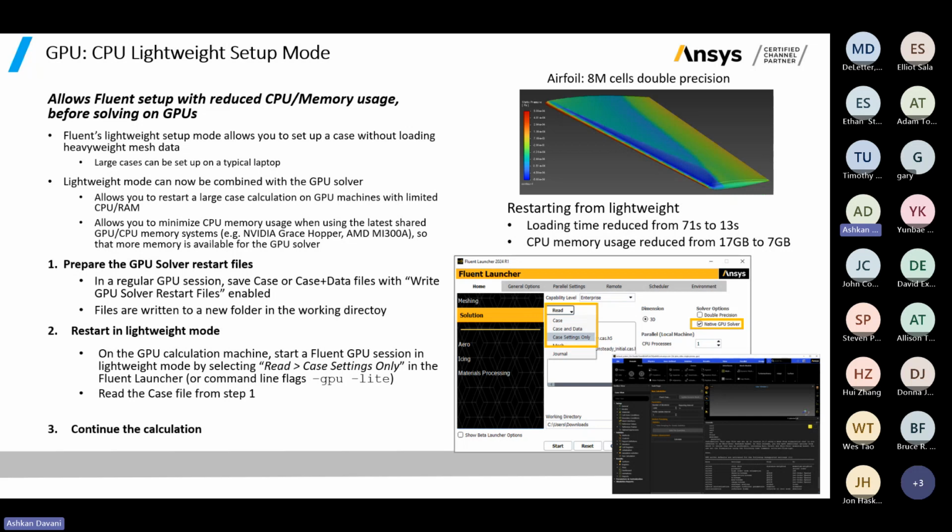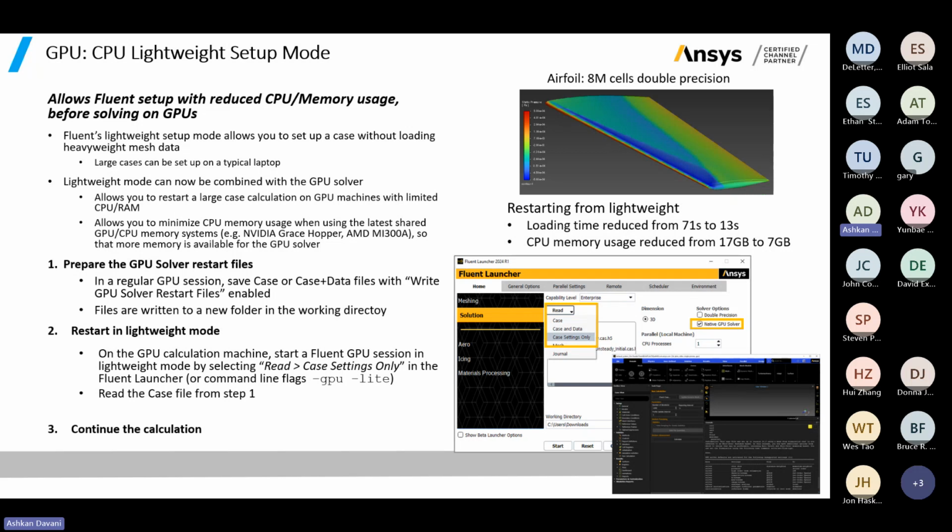So right now there's a new tool called CPU Lightweight. You can easily read the case and set up the case even on your laptop using this lightweight setup. Once you set up the case, you save it. Then on the GPU machine, you can easily open the case and read the actual case with the larger mesh and continue computations without wasting so much time.